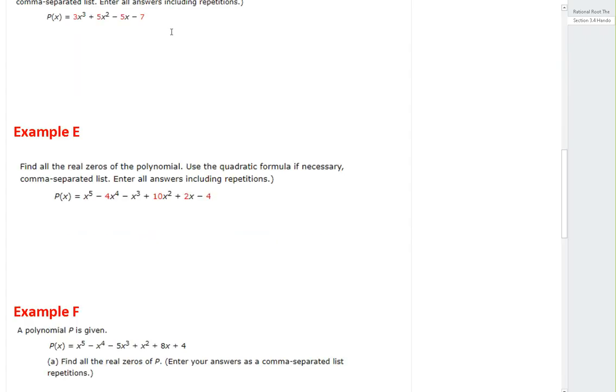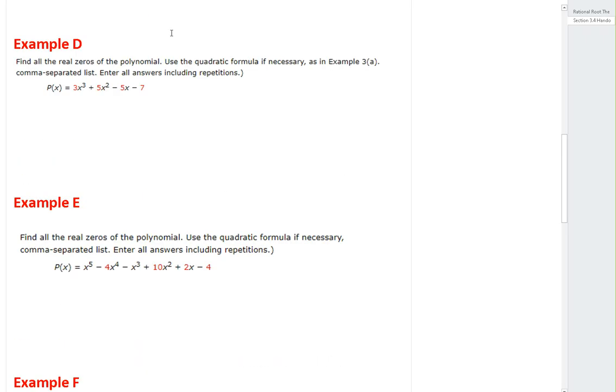And actually it might be easier to see here. It says find all the real zeros of the polynomial, use the quadratic formula if necessary. Enter your answers as a comma-separated list. It's including repetitions. That's kind of an annoying thing for me, the way they have this set up. But we'll take a look at it. We'll start by figuring out what are the possible rational roots. And then we'll see what that tells us and see if it helps us along the way to finding all of the zeros.